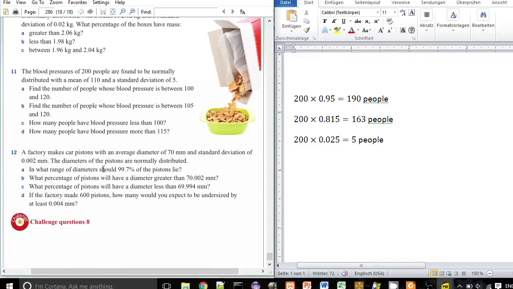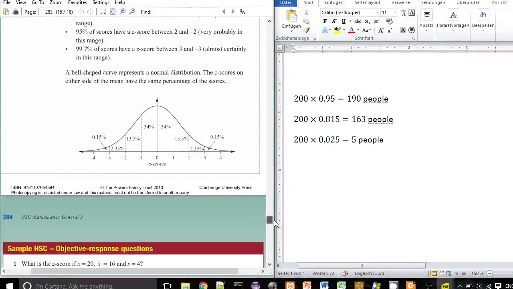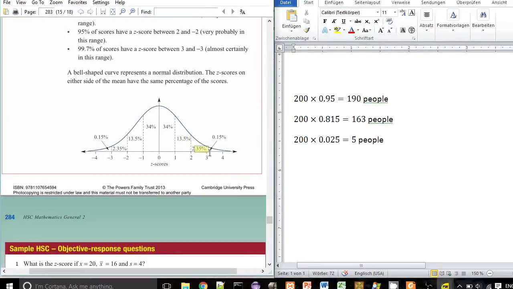And then more than 115. So that's more than a Z score of 1. So more than this, you can add these 3. That should be 5, 16. Yeah, 16%.